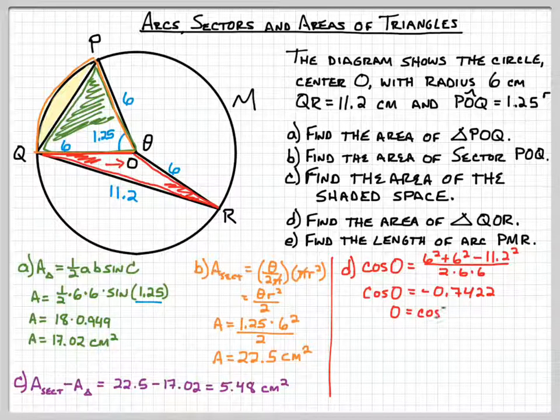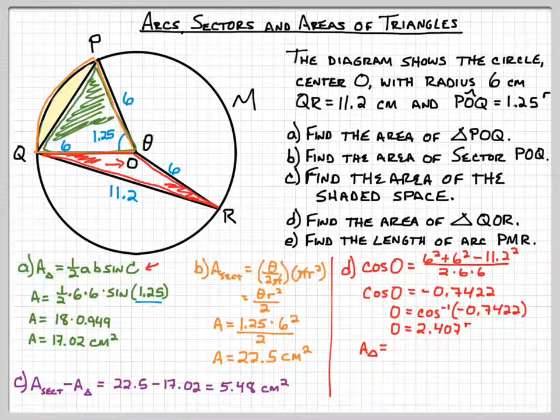Taking the inverse cosine, angle O is 2.407 radians, keeping it in radians because we're talking about the circle in radians. Now we use the area formula as in the first problem: 1/2 times 6 times 6 times sine 2.407 radians, which gives 12.1 centimeters squared.